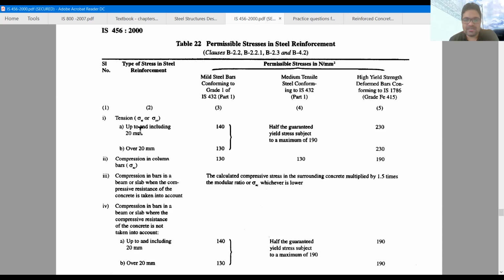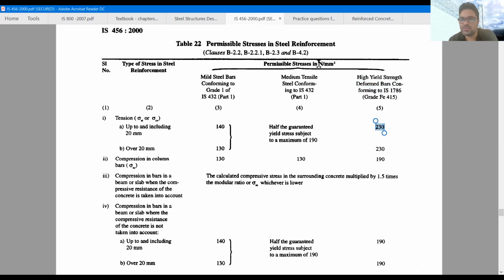Now it says if the dia of the bar is up to 20 mm, in that case, for mild steel bar, it will be 140. If the dia of the bar is over 20 mm, it will be 130. Well, we are not using mild steel bar in our question. In our question, we are using high yield strength bar, which is HYSD. So for the HYSD bar, the value of sigma ST is 230 Newton per mm square.